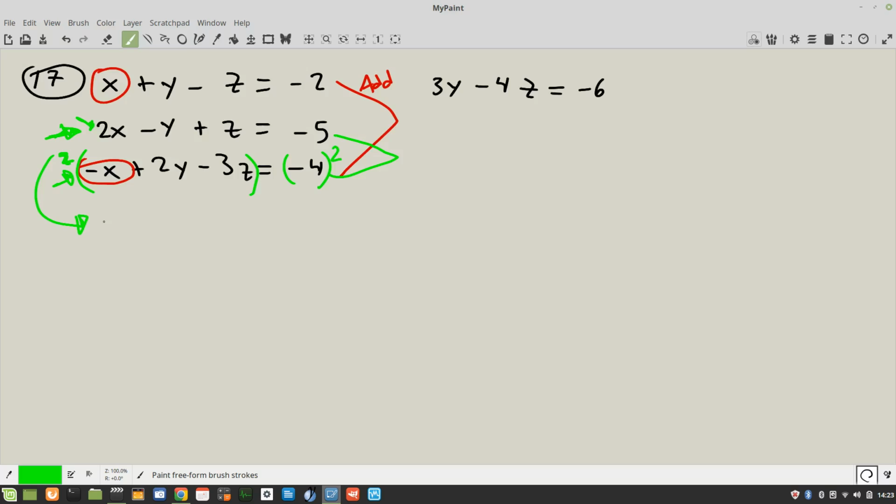We're gonna get negative 2x, right, plus 4y minus 2 times negative 3z is going to be negative 6z equal to negative 8. And now we combine this.